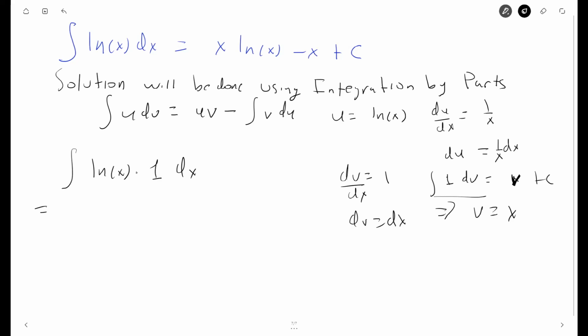We say that u is equal to ln of x, times v, and v is equal to x, so we put it at the front. Then we say minus the integral of v, which is x, and then du, which is equal to 1 over x dx.